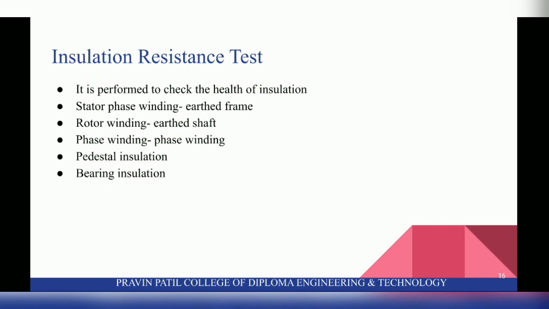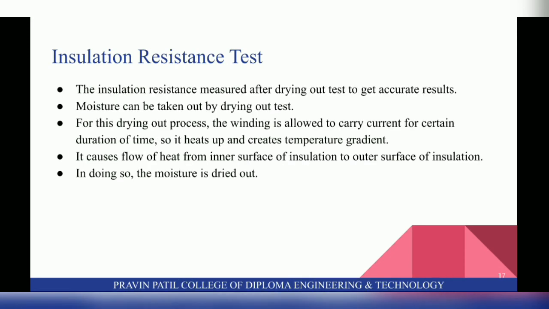Next is the insulation resistance test. It is performed to check the health of insulation: stator phase winding to earth frame, rotor winding to earth shaft, phase winding to phase winding, pedestal insulation and bearing insulation. The insulation resistance is measured after the drying out test to get accurate results.